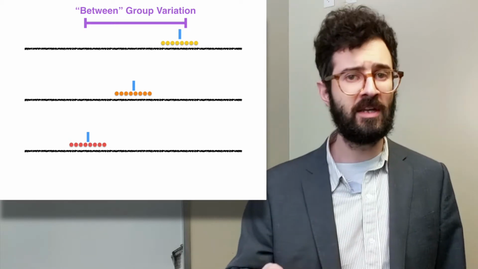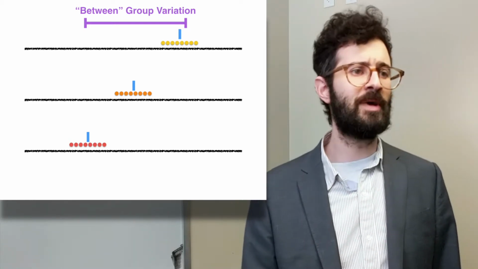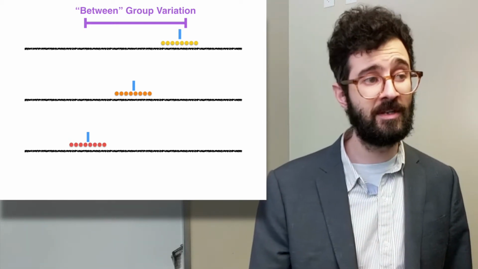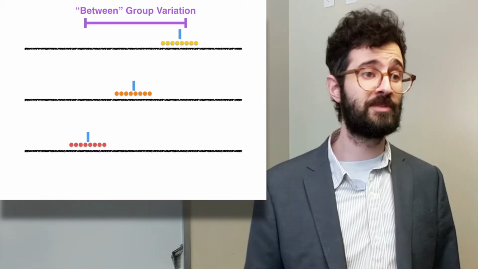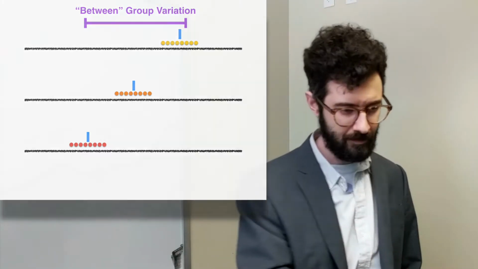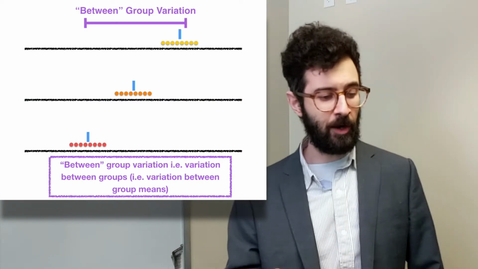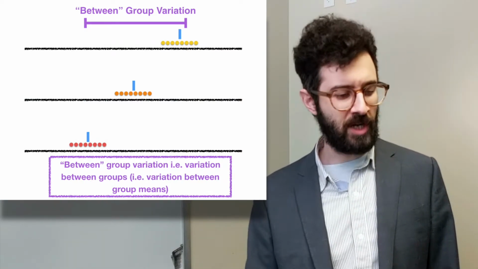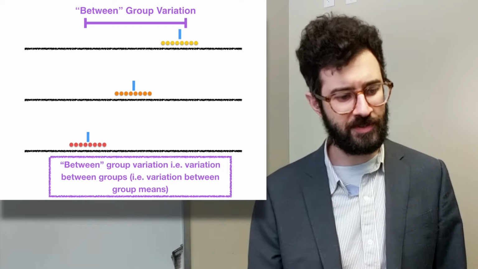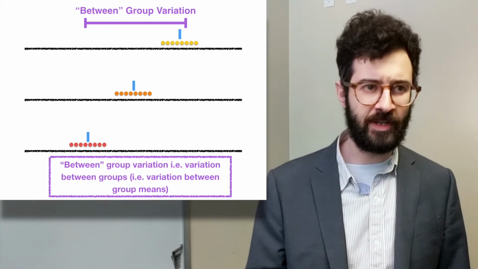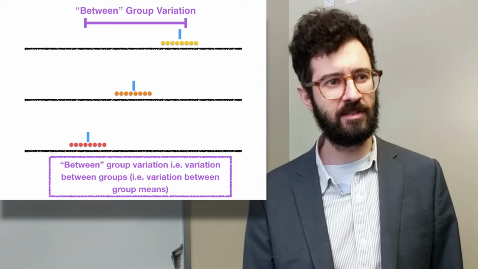We can calculate some statistic to measure how much variation there is between these three groups. So between group variation is variation between groups, or in other words, variation between group means.